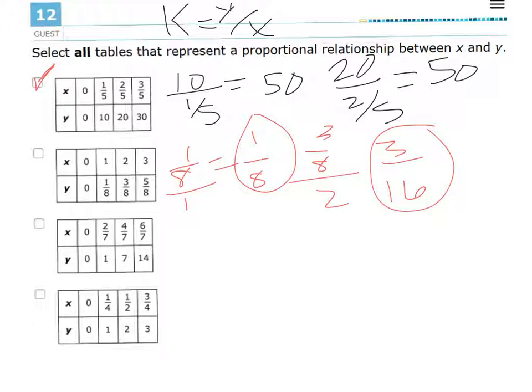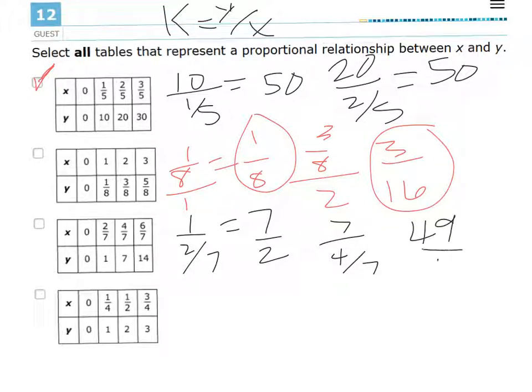Now for the third one, 1 divided by 2/7 would get me 7 over 2. And then 7 divided by 4/7 ends up getting me 49 over 4. So here I notice that is also not a correct statement because it is not constant.